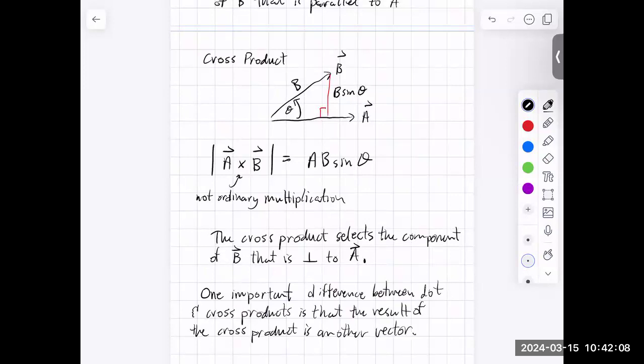Okay, so what we've written above here is just the magnitude of the cross product.